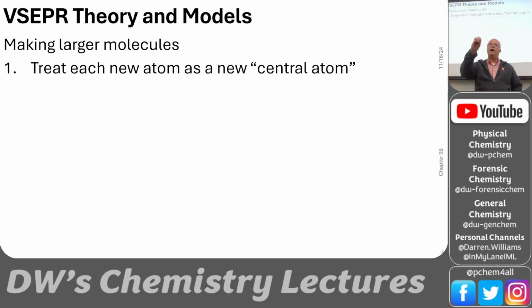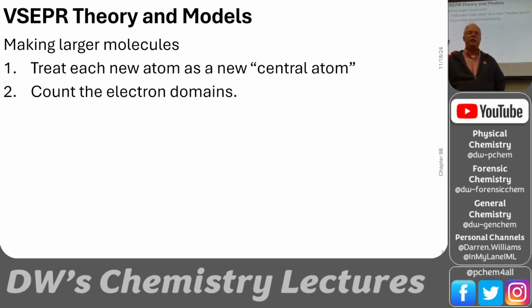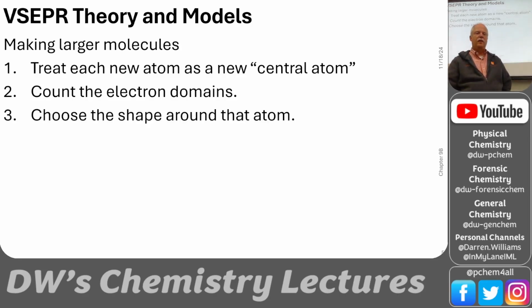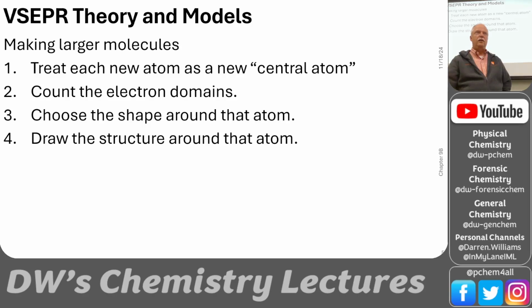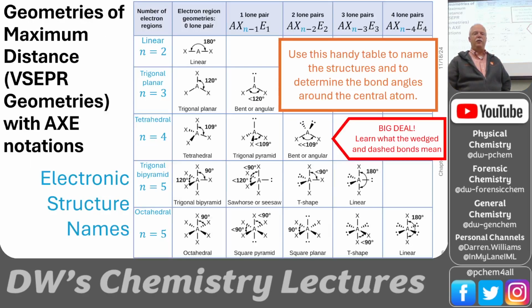But it was one central atom and a bunch of atoms around it. Now we're just going to walk through the molecule, and most of the organic molecules are carbons bonded to carbons. And so we'll make a carbon backbone, and then we'll stick things on there. But we treat each new atom as a new central atom, count those electron domains, and we'll determine what their shape is. Okay. So we'll draw that structure around that atom and move to the next one.